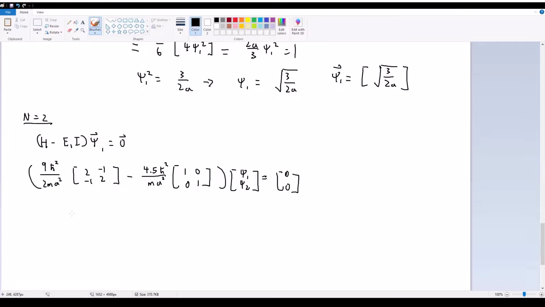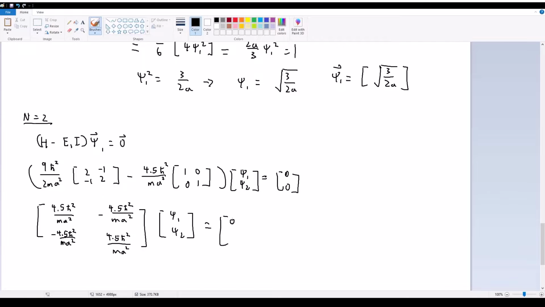If you then multiply this out and get everything together, this matrix ends up equaling 4.5 h bar squared over ma squared for term 1, negative 4.5 h bar squared over ma squared for term 2, negative 4.5 h bar squared over ma squared for term 3, and then 4.5 h bar squared over ma squared for term 4. This is getting multiplied by psi 1, psi 2, and this is equal to 0, 0.